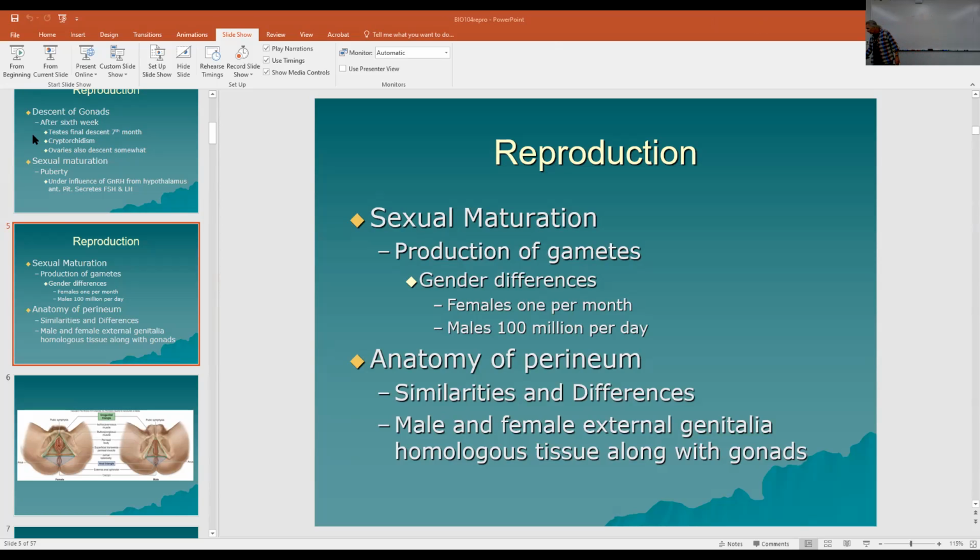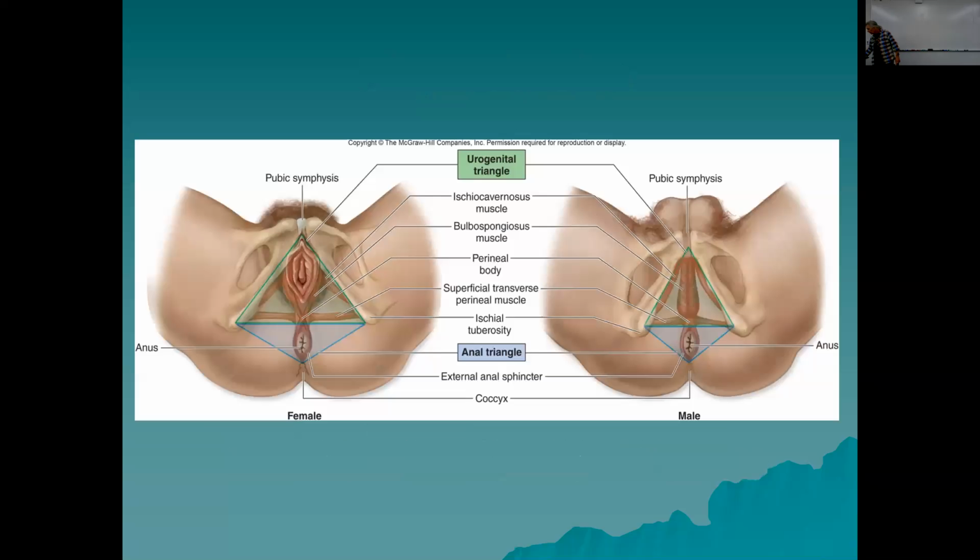Oh wait, the current slide. And there's the perineum. This is on top of page 1106. You have obviously male-female external genitals. The area within the labia majora in females is called the vestibule.